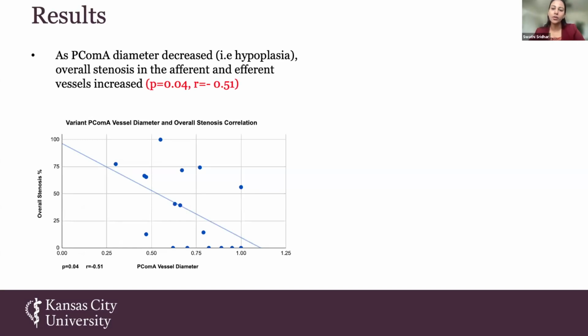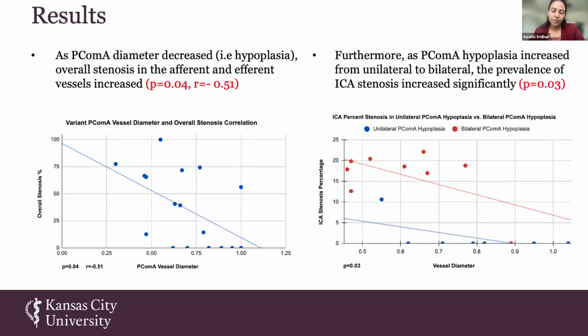And since the posterior communicating artery was the vessel that showed the most variation, when we plotted the posterior communicating artery diameter against the overall percent stenosis, we saw a similar negative correlation as described previously. More interestingly, when we plotted the PCOM diameter, as the PCOM diameter decreased to hypoplasias, and between unilateral hypoplasia and bilateral hypoplasia, we saw a significant increase in ICA stenosis percentage.